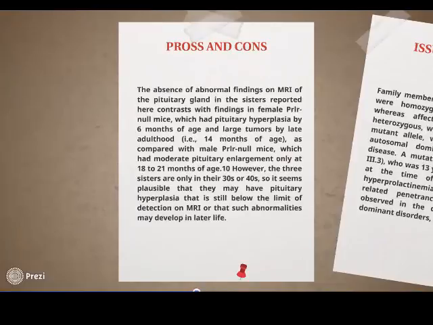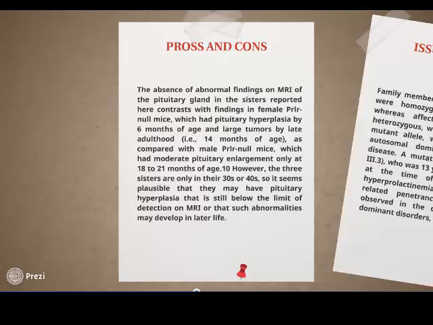The absence of abnormal findings on MRI of the pituitary gland in the sisters reported here contrasts with findings in female prolactin receptor null mice, with pituitary hyperplasia by 6 months of age and large tumors by late adulthood, compared with male null mice, which had only moderate pituitary enlargement at 18 to 21 months of age.